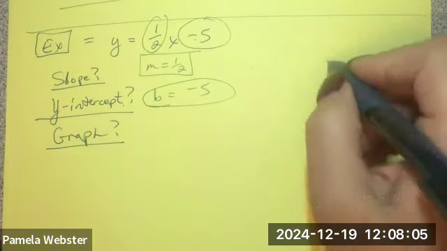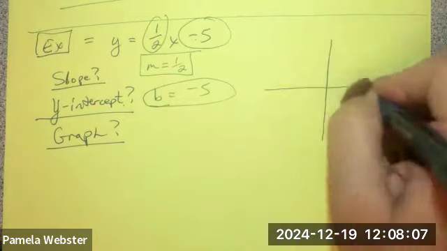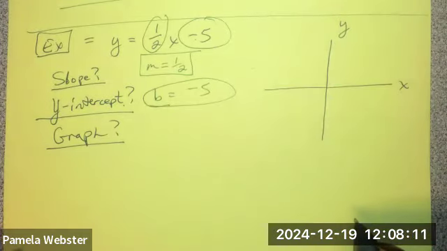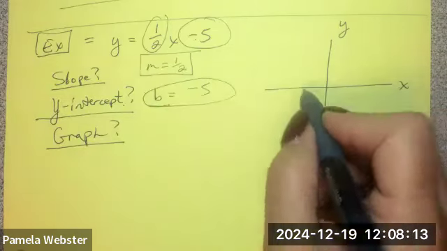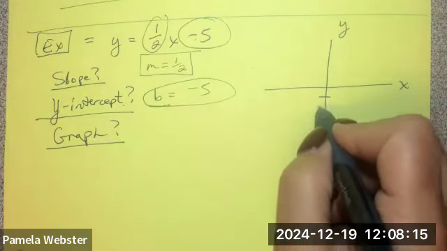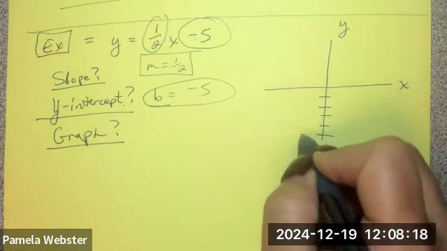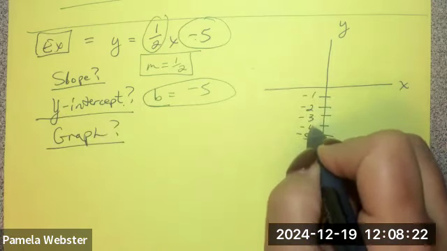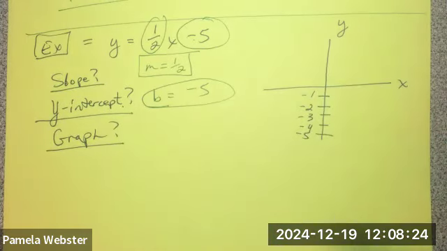And then when I want to do the graph, I'm going to come over here and I've got the x-axis and the y-axis. I'm going to start at the y-intercept, which is here, -1, 2, 3, 4, 5. You can fill that in if you want to. I don't normally fill in my scale. I normally mark it off and count it and then mark wherever I'm headed.